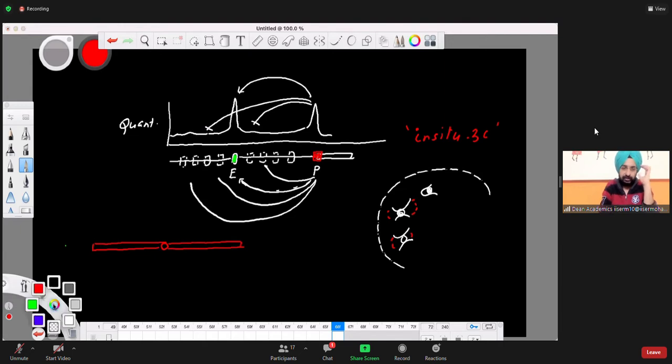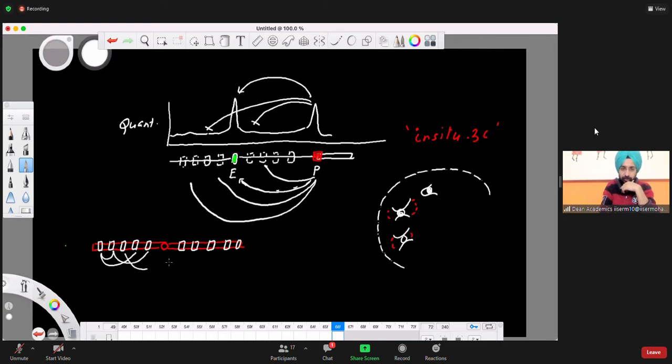He took some uniformly separated bins of each chromosome, and he did the 3C in various combinations, all-to-all combination over here, and so on. If you do so, you will get to know the structure of this chromosome.